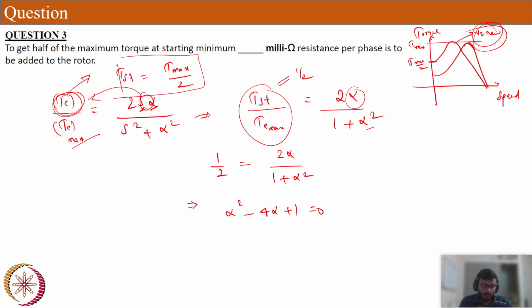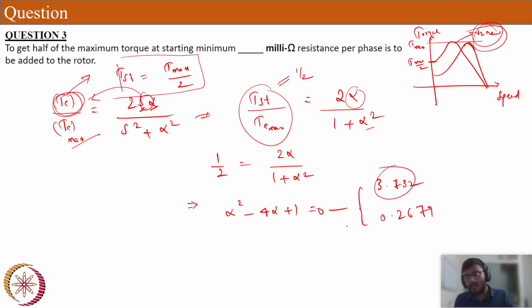1 minus 4, 1. Sorry? Yeah, 0.26. Now, anyhow, we will get two values for alpha, and one value is 3.732, and another value which I got is, like someone said, 0.2679.